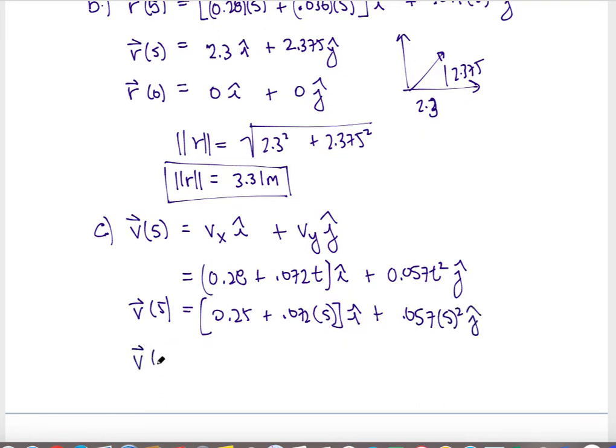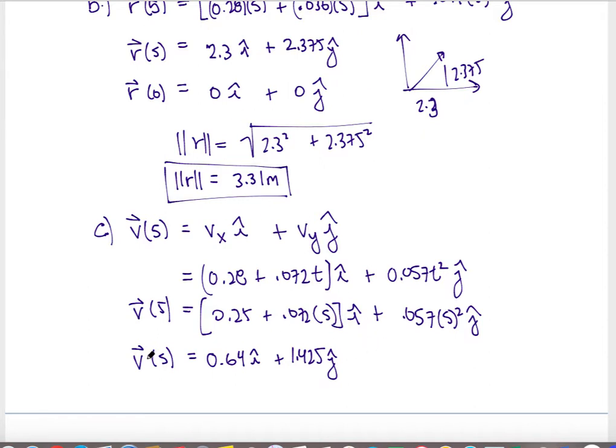So going through this entire process, substituting and using a calculator, I end up with a velocity at 5 seconds, the vector being 0.64 i hat plus 1.425 j hat.